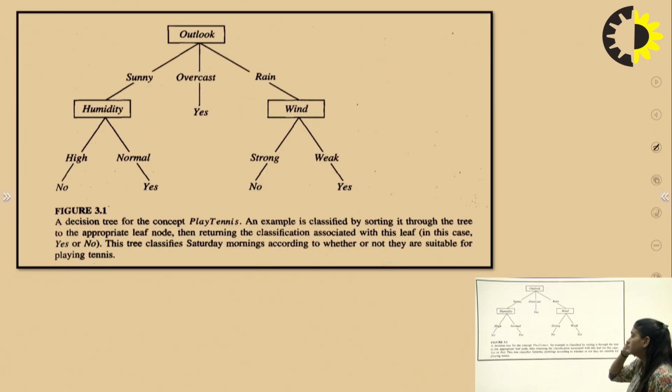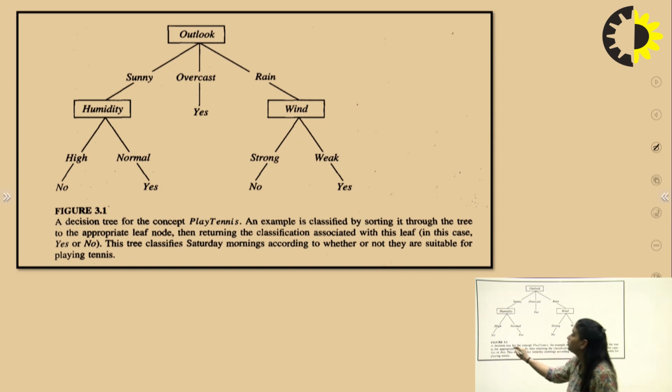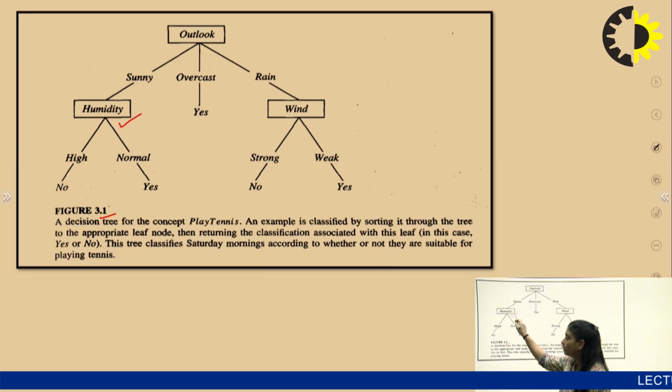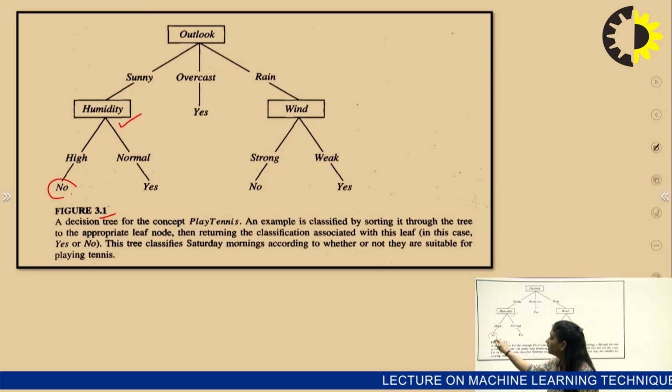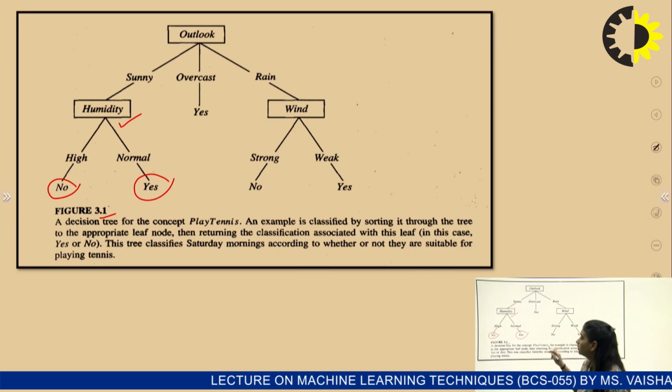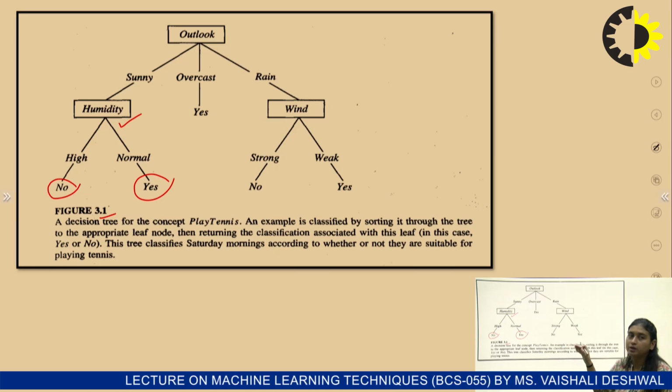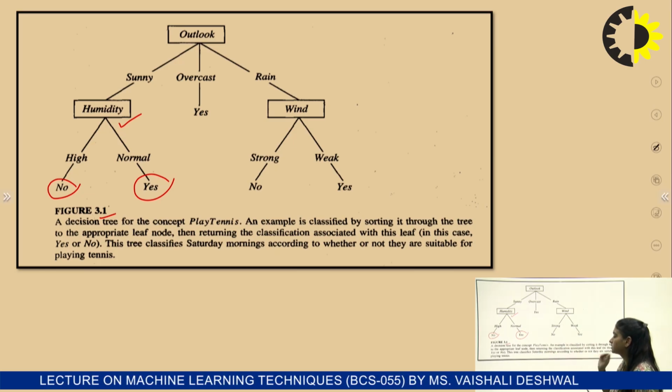For example, see figure 3.1, where we have outlook, humidity and wind. If outlook is sunny, then we check whether humidity is high or normal. If it is high, then we get a no, and if the humidity is normal, then we get a yes.